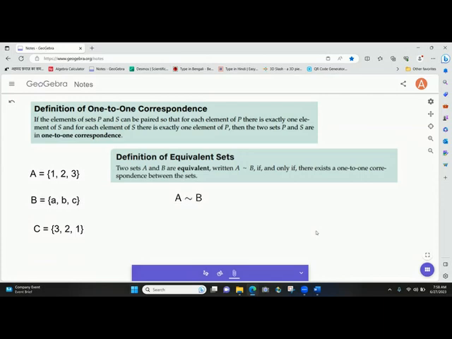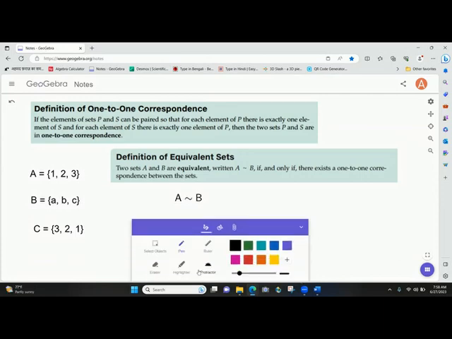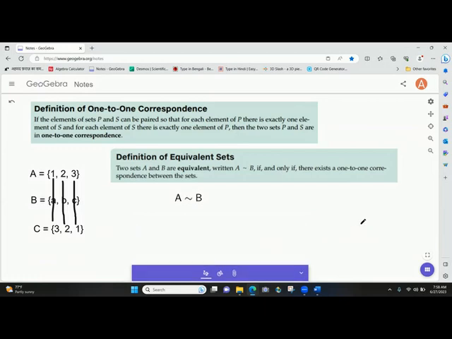They are equal sets, okay? But they also have a one-to-one correspondence because I can pair them up clearly, right? So if two sets are equal, they are equivalent as well. But if two sets are equivalent, they may or may not be equal. I hope you understand this idea.